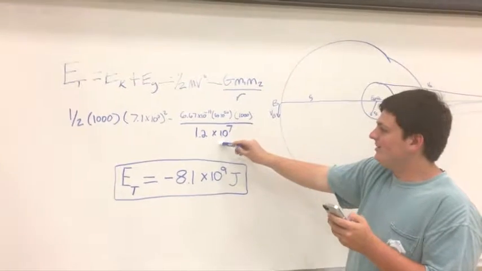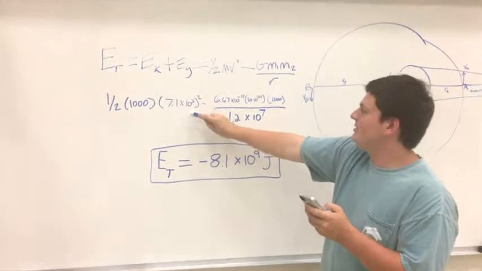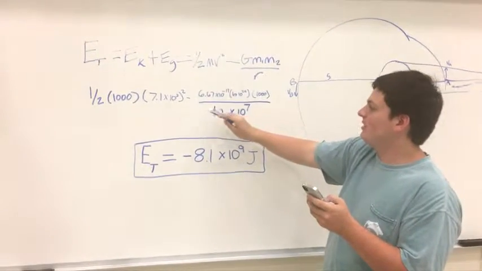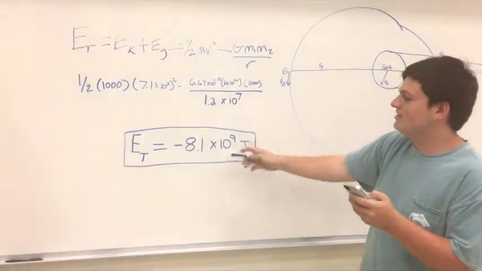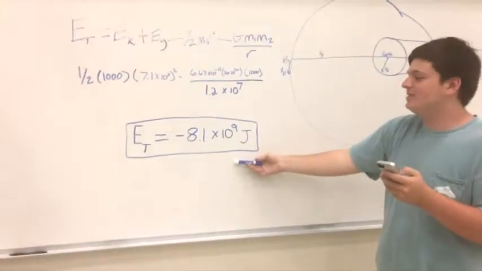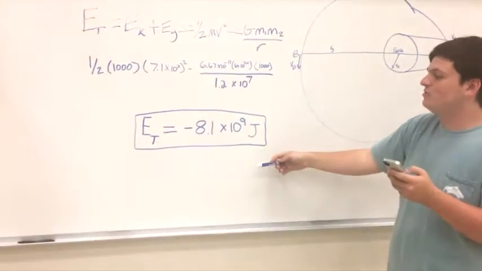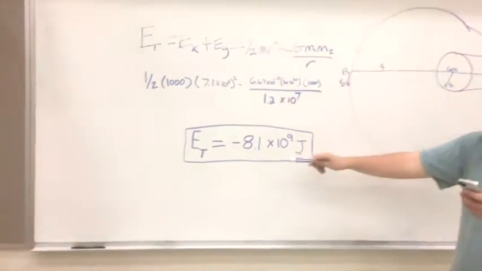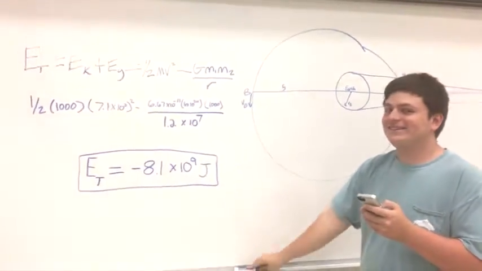Once we get the kinetic energy and the gravitational energy, we subtract them, which gives us the total mechanical energy, which is negative 8.1 times 10 to the 9th joules.